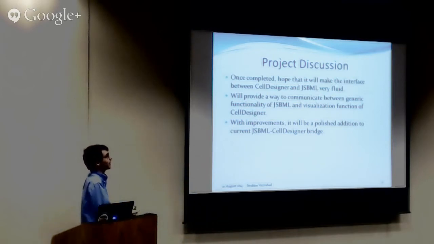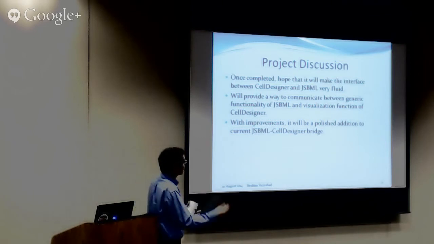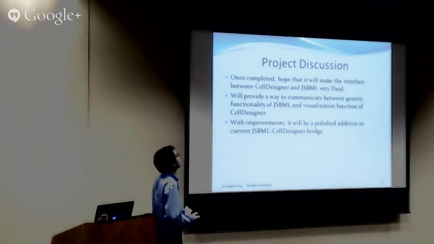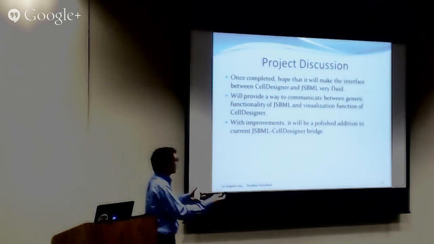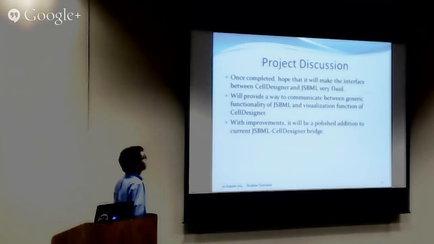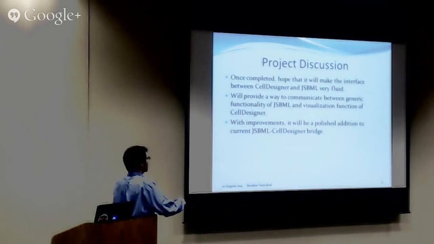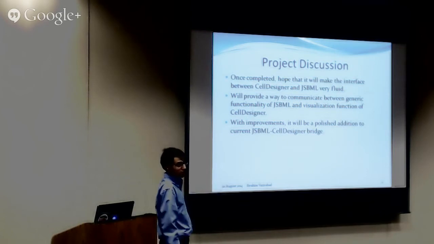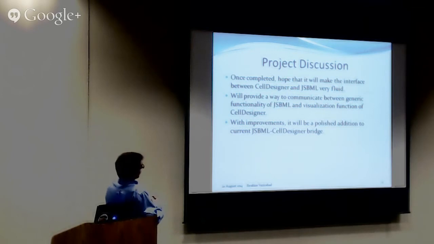We hope this will make the plugin interface between CellDesigner and JSBML very fluid, very easy to work with. It'll provide a way to communicate with the very broad and generic functionalities of JSBML and the very strong visualization function of CellDesigner. And with the improvements we just talked about, it will be a polished addition to the currently powerful JSBML CellDesigner bridge.